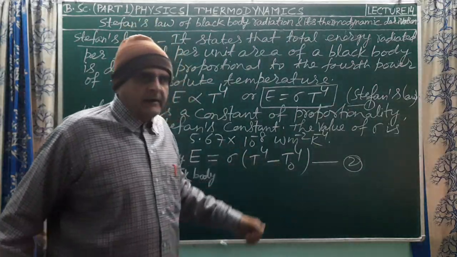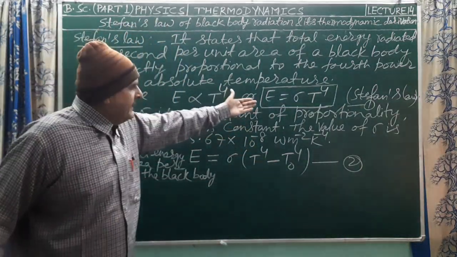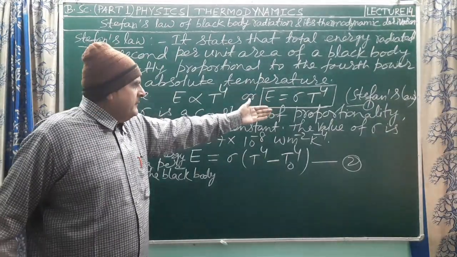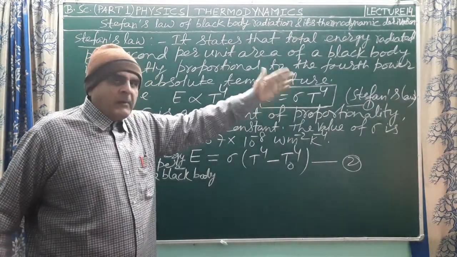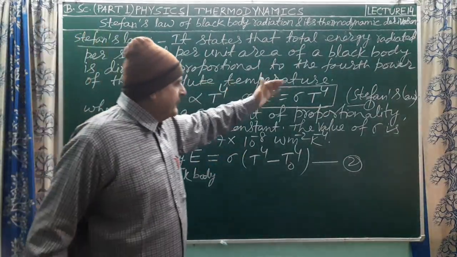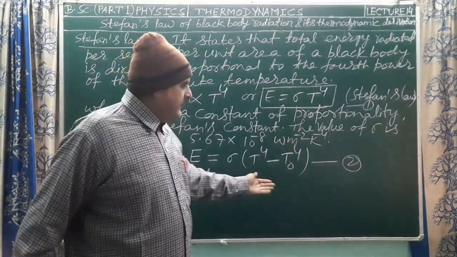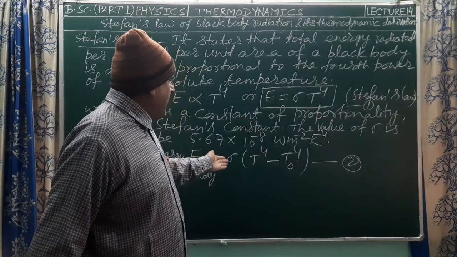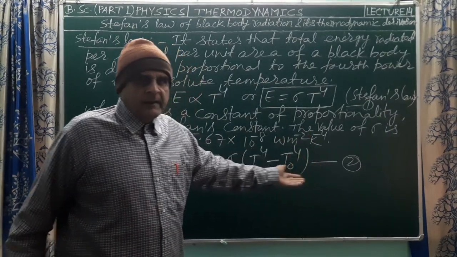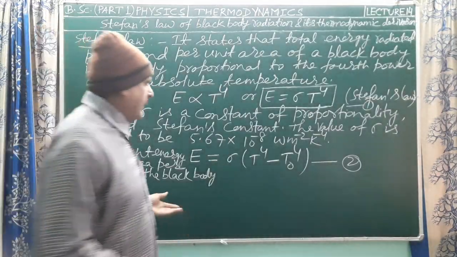This is the modification in Stefan's law given by equation number 1, which is capital E equal to sigma T to the power 4, and it is called Stefan-Boltzmann law.